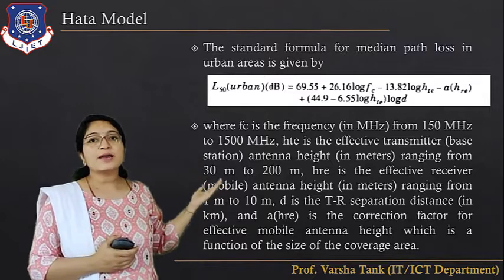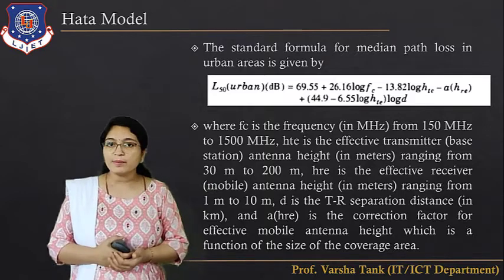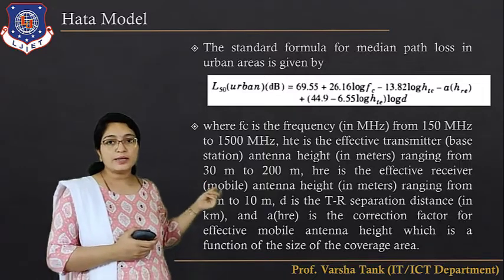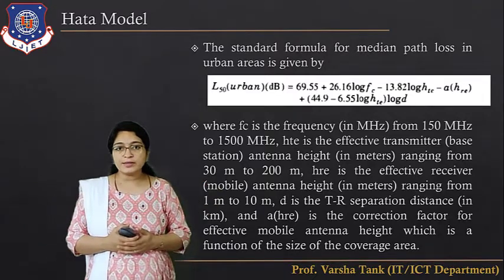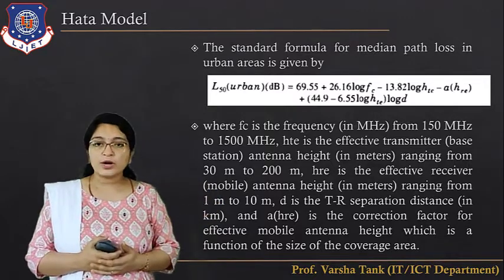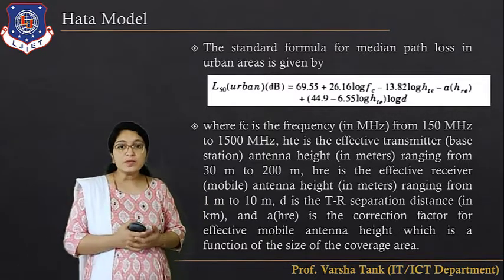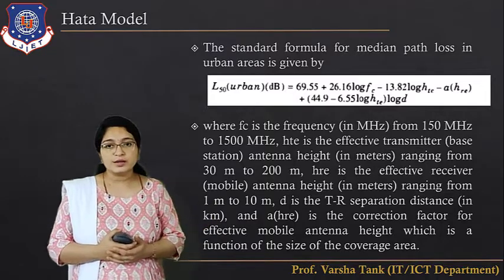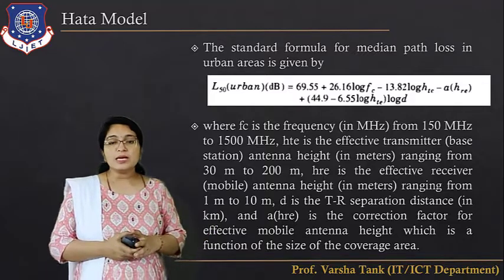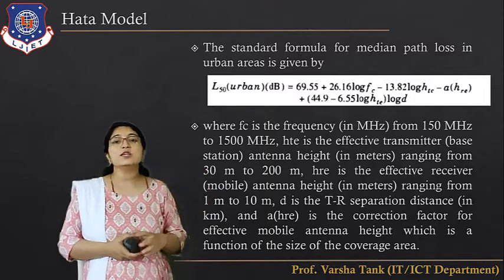Here fc is the frequency in megahertz from 150 to 1500 megahertz. hte is the effective transmitter base station antenna height in meters, ranging from 30 to 200 meter. hre is the height of the receiver in meters, ranging from 1 to 10 meters. d is the distance between the transmitter and receiver separation. And a(hre) is the correction factor for the effective mobile antenna height, which is a function of the size of the coverage area. So you can calculate the path loss in the urban area at 50 percentile using this formula.